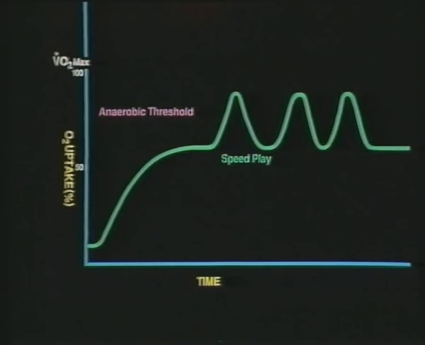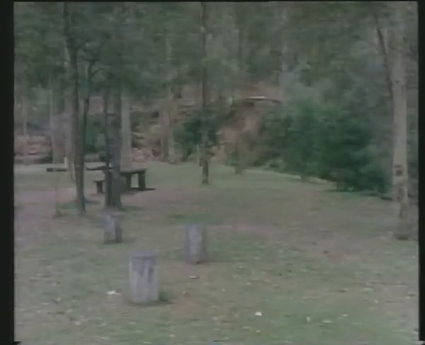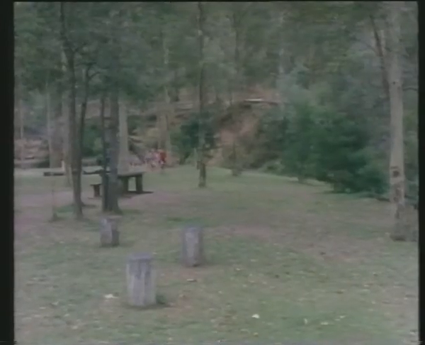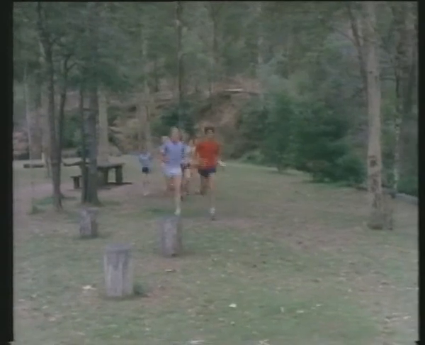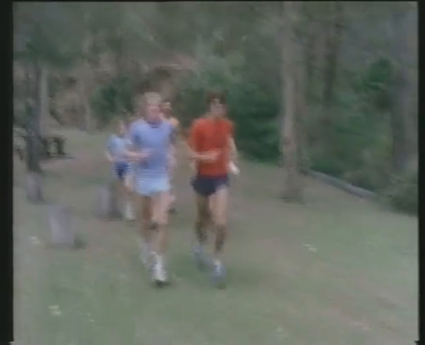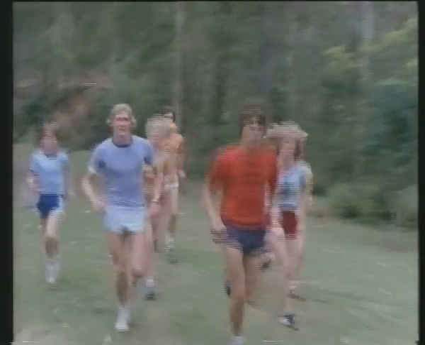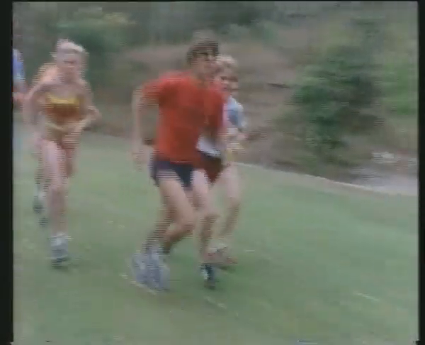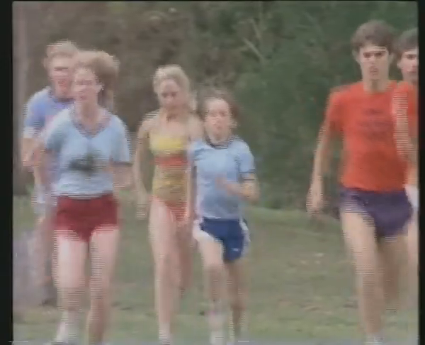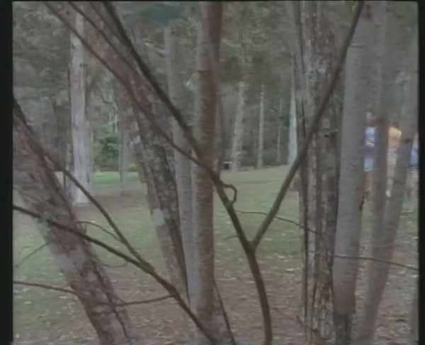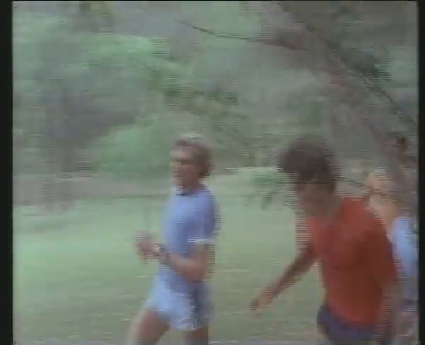Speed play is a good description because there's no set pattern for the variations of pace. This is valuable because it conditions the athlete to meet changes of pace during competition. For the less experienced athlete, speed play training also helps to introduce the stricter discipline of interval training.